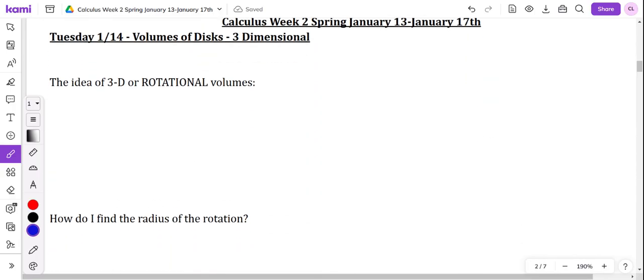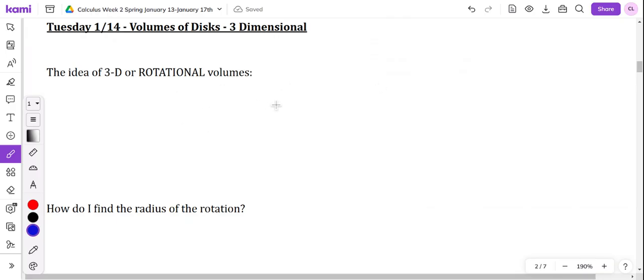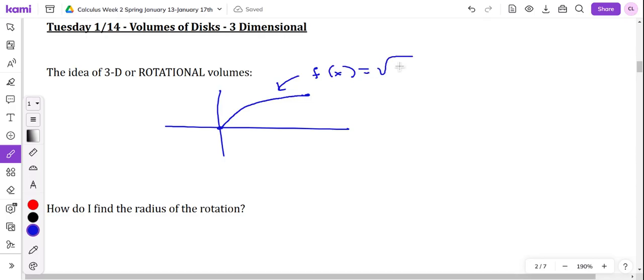Today's going to be a little bit different. So right now, let's say I give you this graph and let's just do the square root of x. So this function is f of x equals the square root of x.